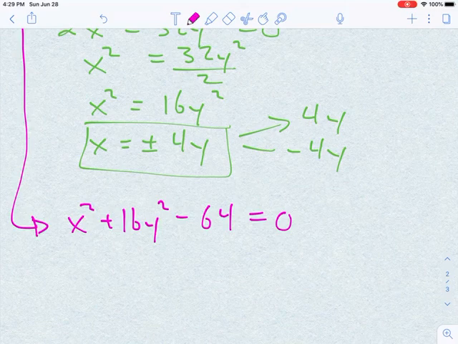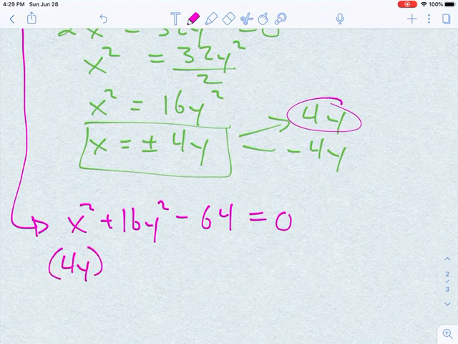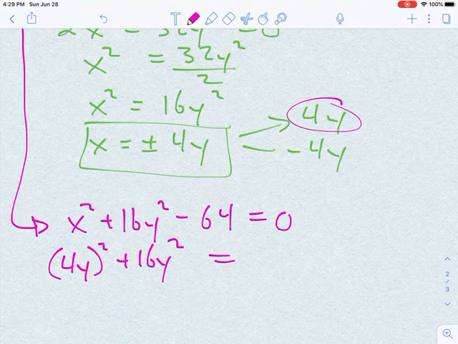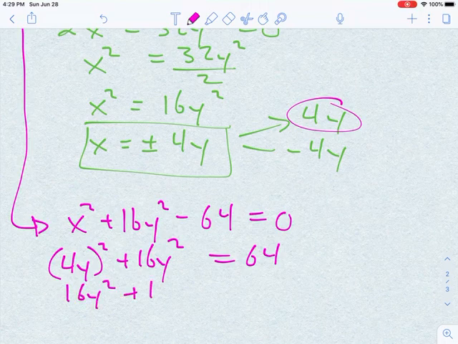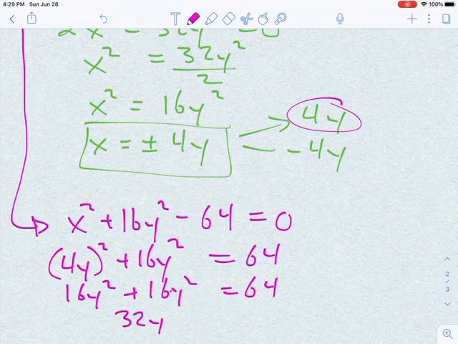Let's substitute 4y in for x. So we have (4y)² + 16y² = 64, or 16y² + 16y² = 64, or 32y² = 64.